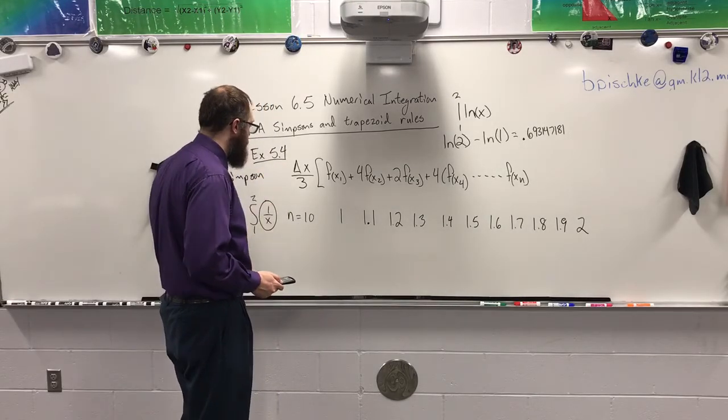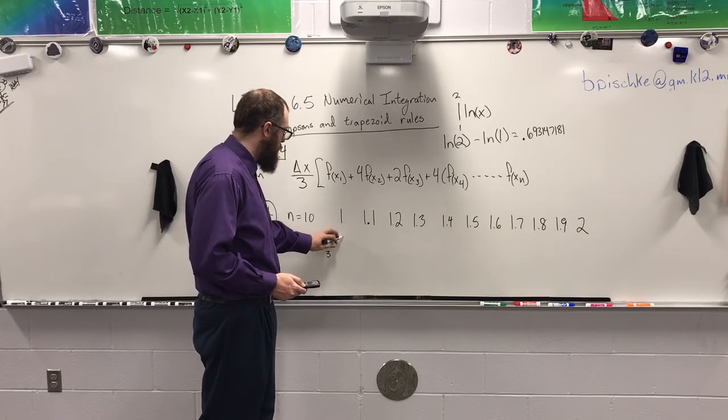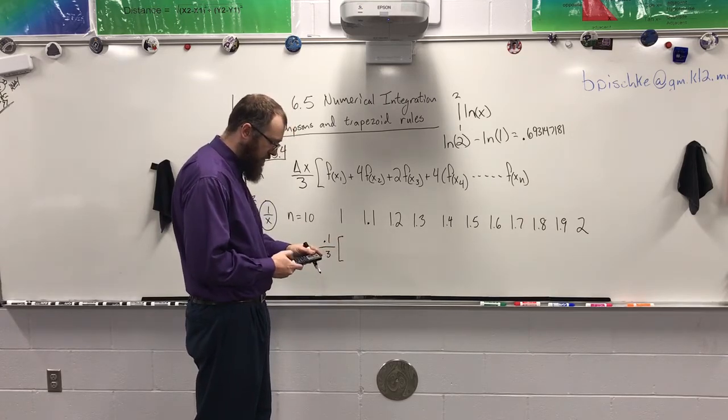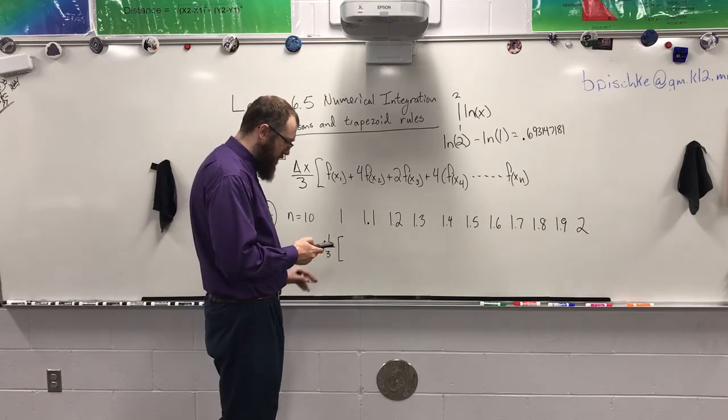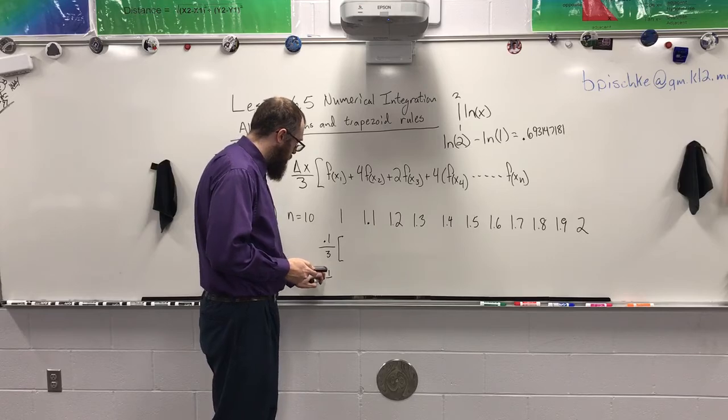So my delta x is the same, 0.1 divided by 3, which is a slightly different number. 0.1 divided by 3 is not 0.1 divided by 2. That's going to be 1/30th.